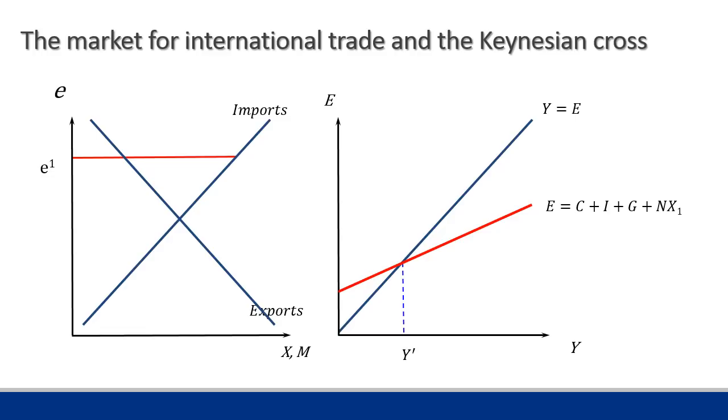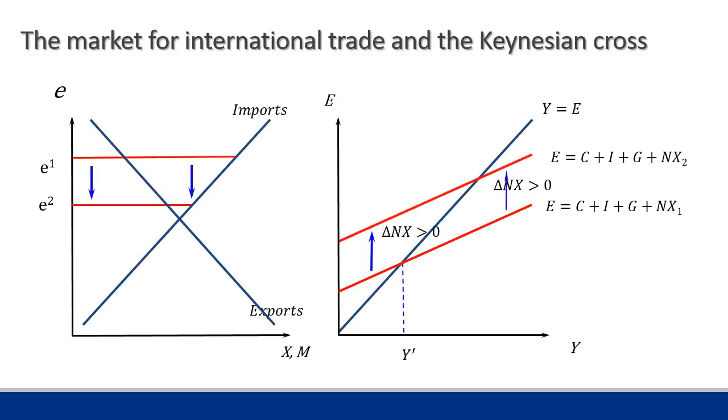Now, we vote for Brexit. There is a sharp fall in the pound, so imports fall and exports increase. There is an increase in NX, and we see that the expenditure line shifts upwards, giving us a prediction that output will rise.